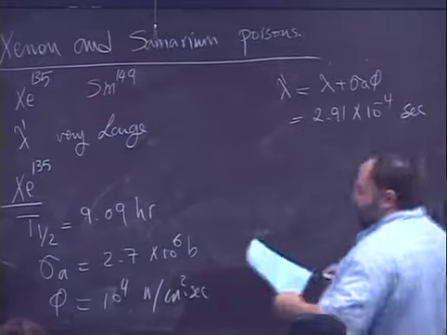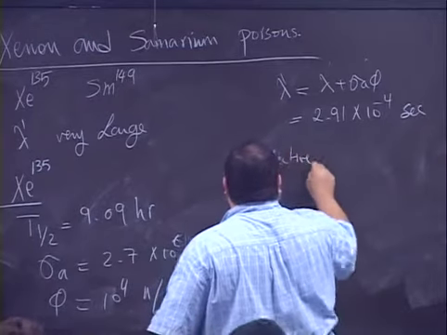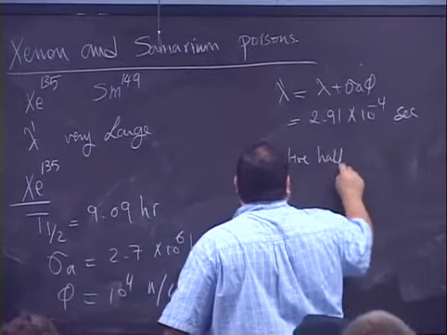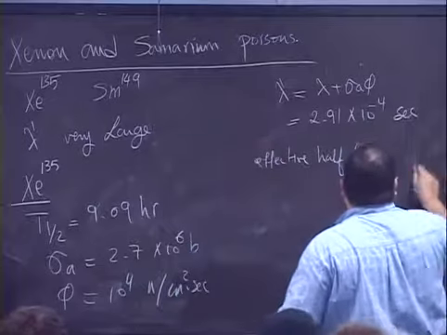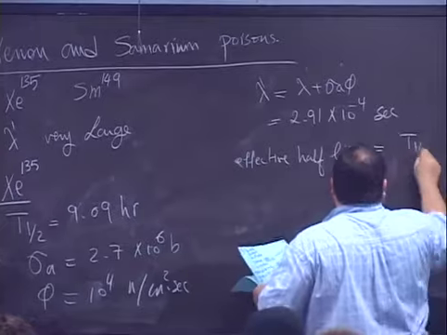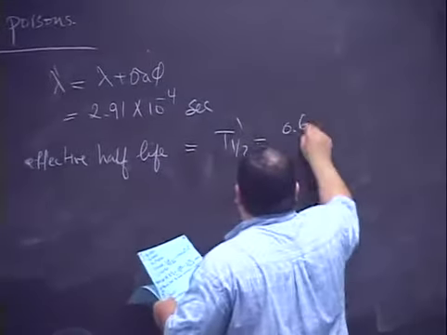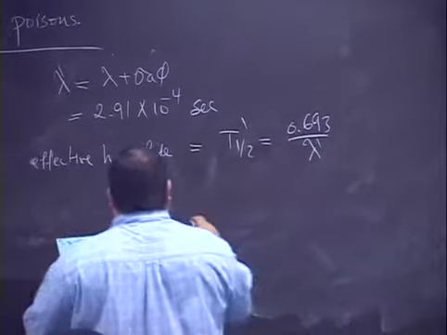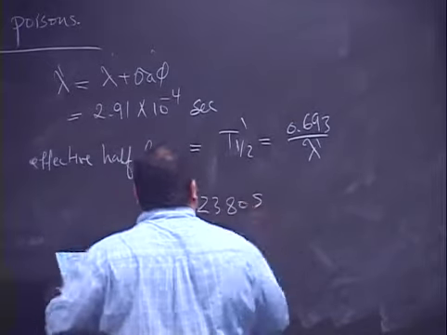So the effective half-life, T half prime, is just equal to 0.693 divided by lambda prime, and this will give you nearly 2380 seconds.